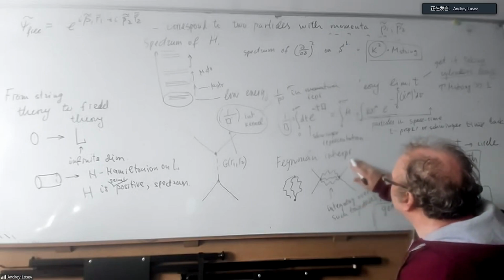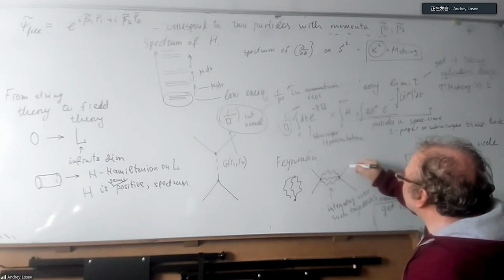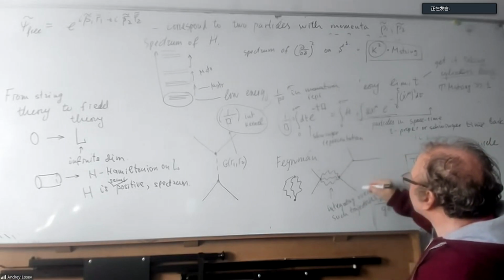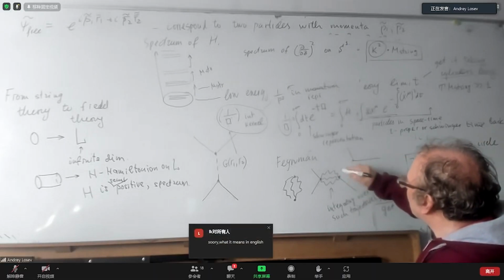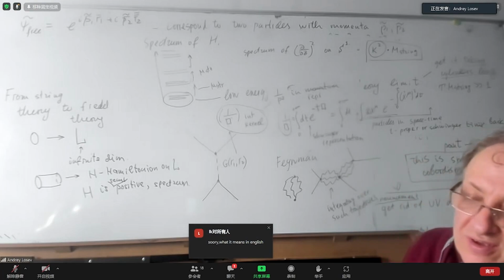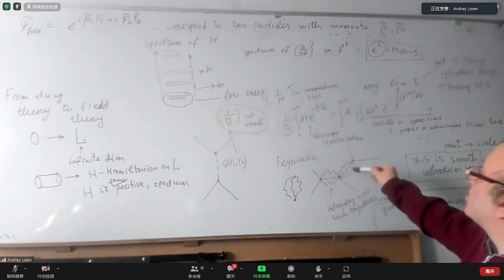Now let us consider a more complicated process, like this. We replace each propagator by a wavy trajectory.